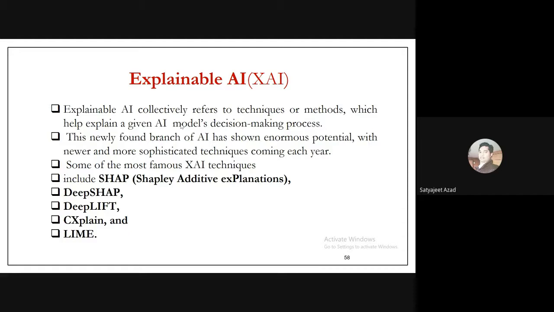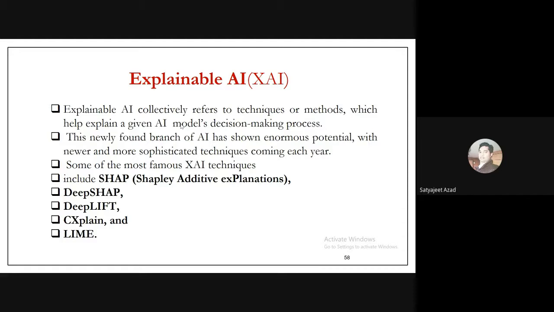This is a newfound branch of AI and has enormous potential basically, and more sophisticated techniques are coming each year. People are researching, and every year you'll see different research papers, and people who are in research can easily relate to this. You will find lots of papers in Scopus journals and Web of Science, if you have access to them.